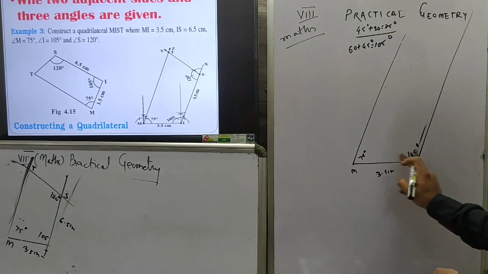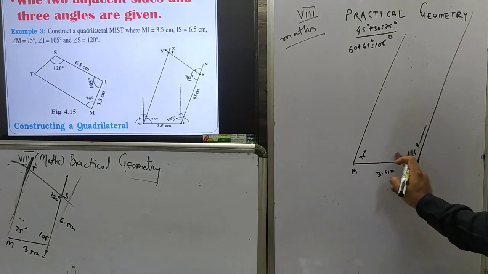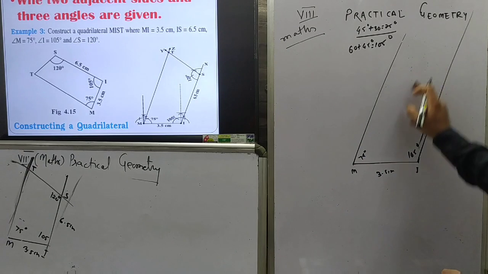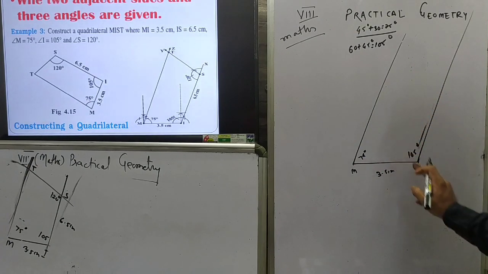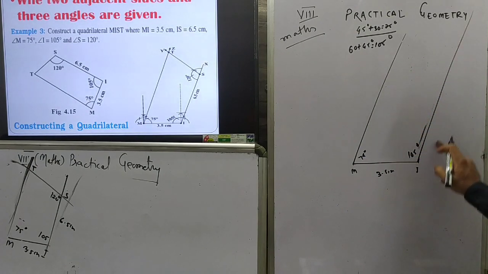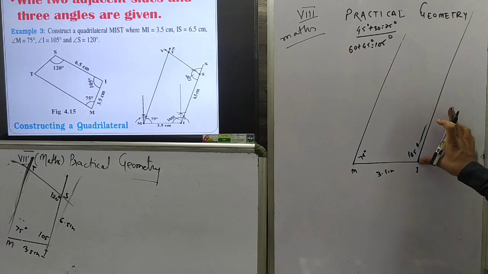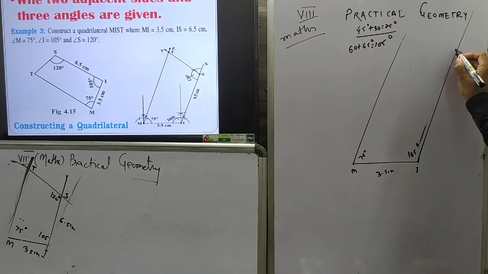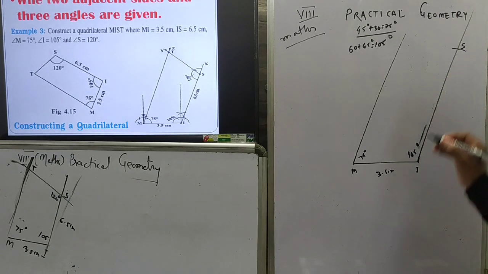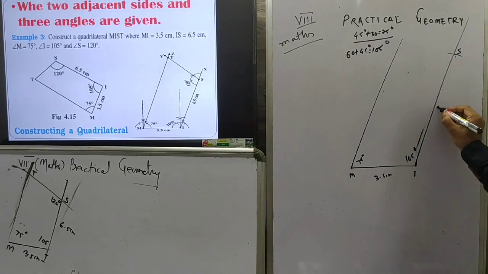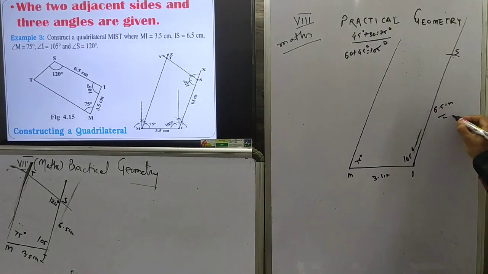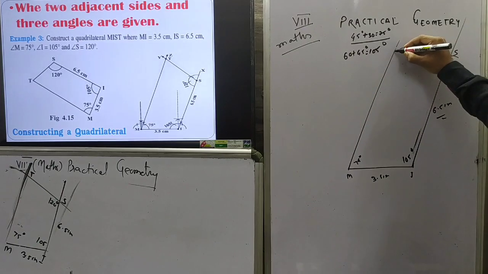Now this 105 and this 75, their sum becomes 180, which means that these are two parallel lines. Now on this line there is point S which is 6.5 centimeter from this I. Take 6.5 centimeter and draw an arc intersecting this ray at S. This point S is 6.5 centimeter away from I.